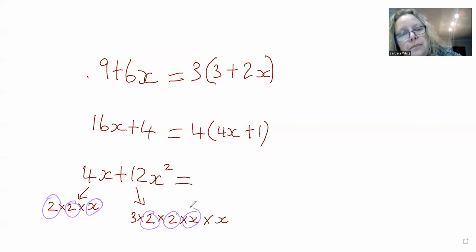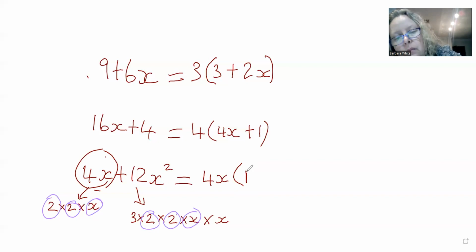So the answer is common factor on the outside, which is 2 times 2 times x. So that would be 4x. Outside the bracket, how many 4x's do we have over here? Well, we have one of them. And how many 4x's do we have here?